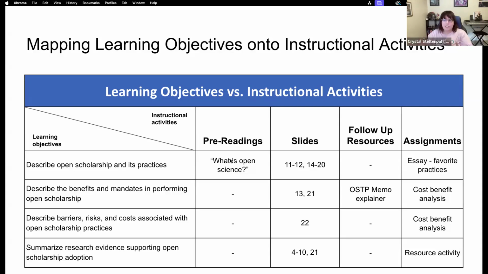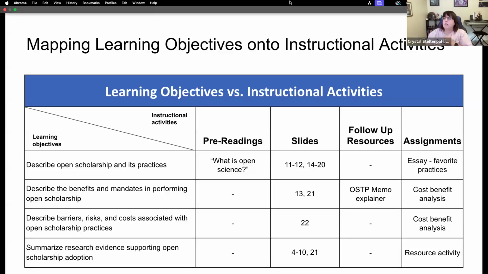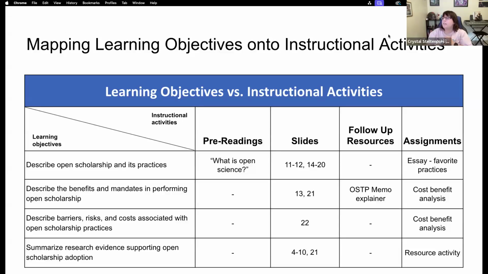But most academic articles are actually not really great primers, and they also tend to be long. So if I send a pre-reading out, it's usually maybe 1 or 2 pages, maybe 3 at most. I try to keep pre-readings pretty short. The follow-up resources are where I am more willing to say, hey, there's this academic article that you might be interested in, or there's this specific thing that you might be interested in.